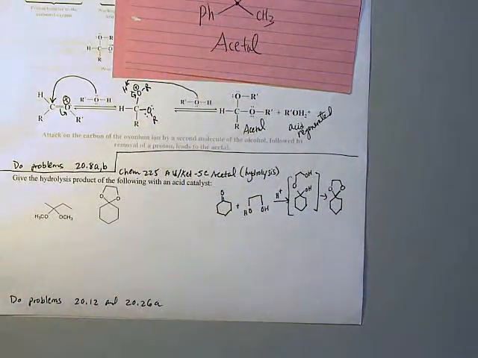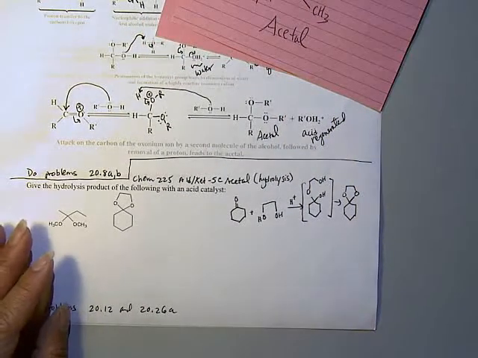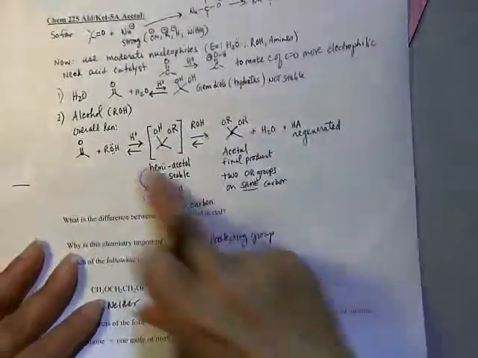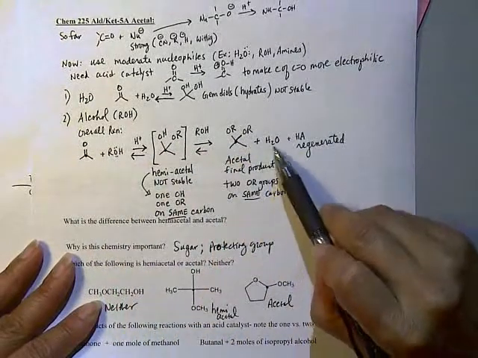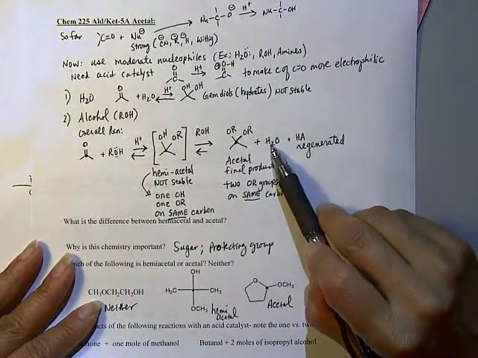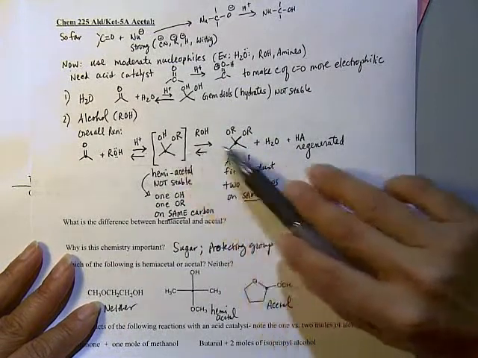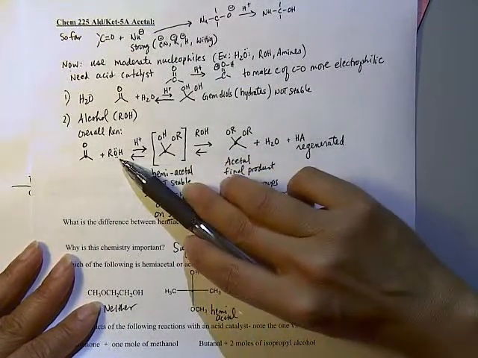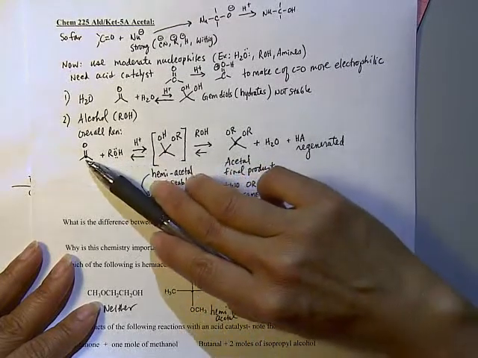Now, in this reaction we talked about last time the reversibility of this. So if you add a lot of water to this and react with the acetal, then you're forcing the reaction to go backwards, if you will, because you're favoring the equilibrium going back.